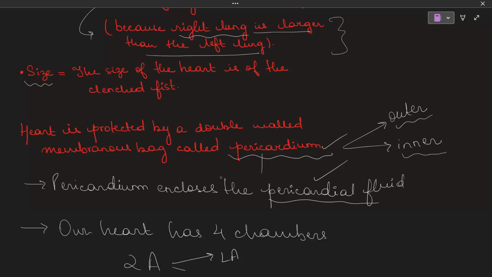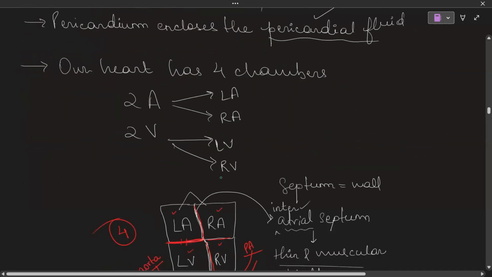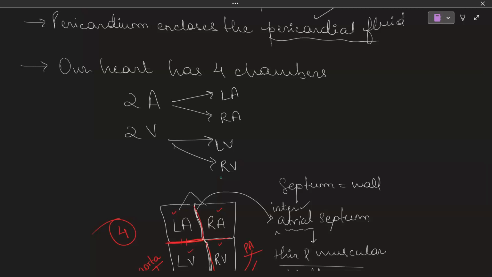If you fall, will you get hurt? No, because the bean bag is there, right? Same way, the pericardial fluid acts like the stuffing of the bean bag. Got it?